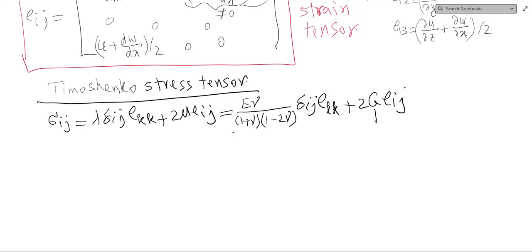So G is the shear modulus of elasticity, mu is the Poisson ratio, and E is Young's modulus of elasticity.